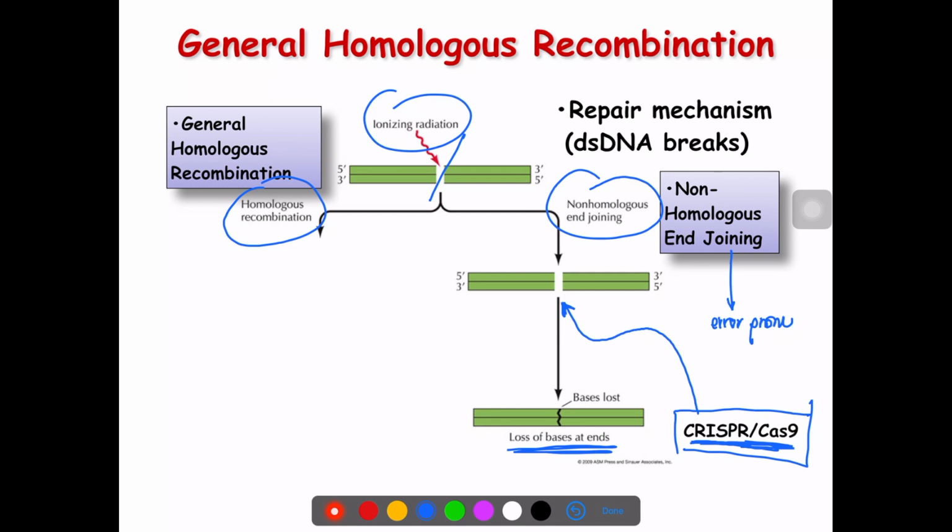You use a guide molecule so that you tell the system where to break into your DNA, and by doing that you can inactivate very specific genes, or trigger the insertion of new genetic material in very specific locations of your genome. But the breaks typically triggered by CRISPR-Cas9 are typically fixed by non-homologous end joining.